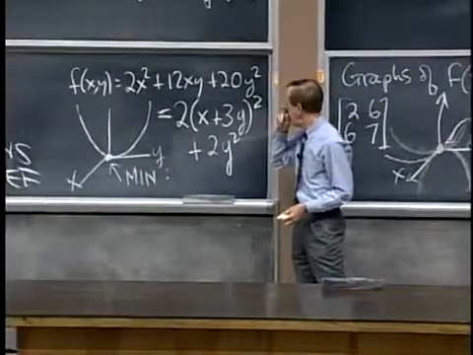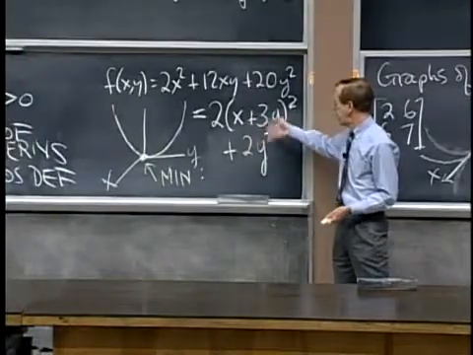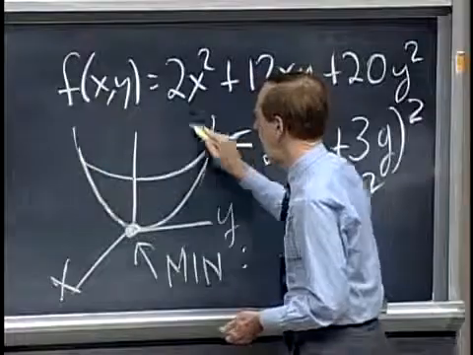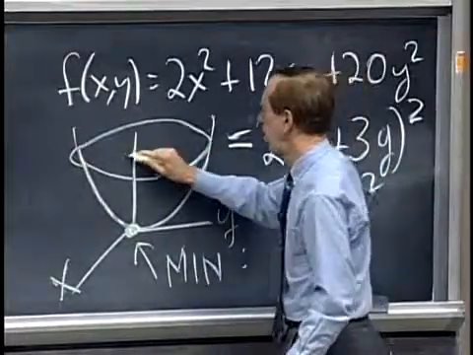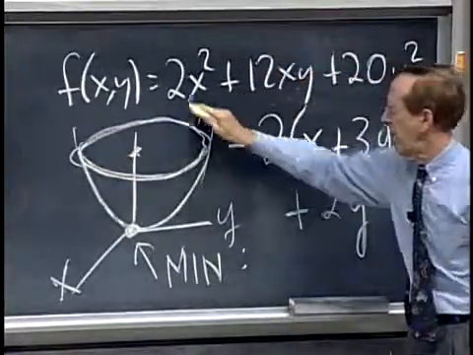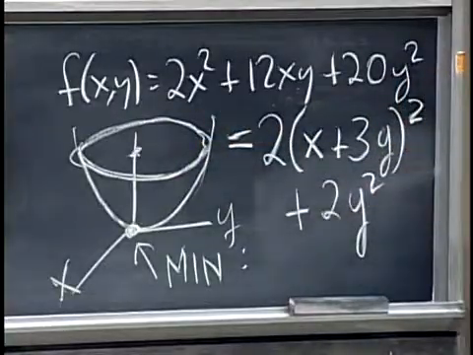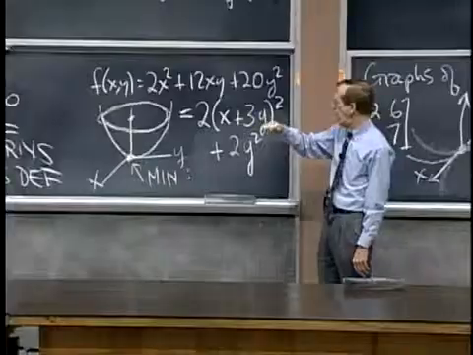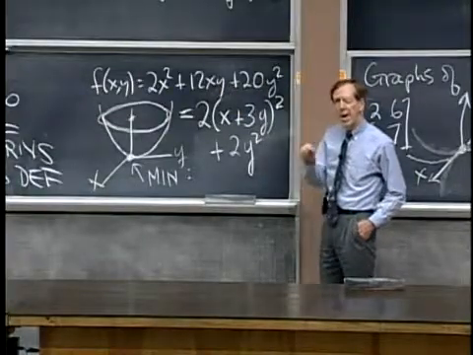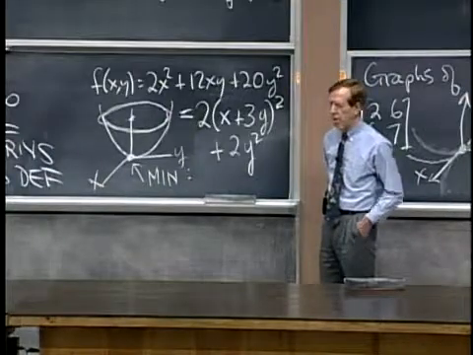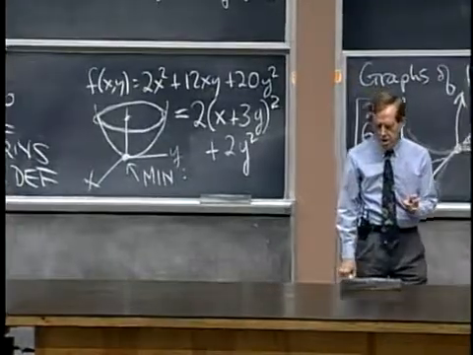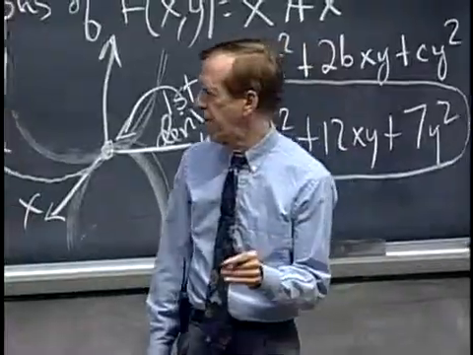Okay, now you can see that this thing is a bowl. It's going upwards. If I cut it at a plane z equal to 1, say, I would get a curve. What would be the equation for that curve? If I cut it at height 1, the equation would be this thing equal to 1. And that curve would be an ellipse. So already I've brought into the lecture the different pieces that we're aiming for.